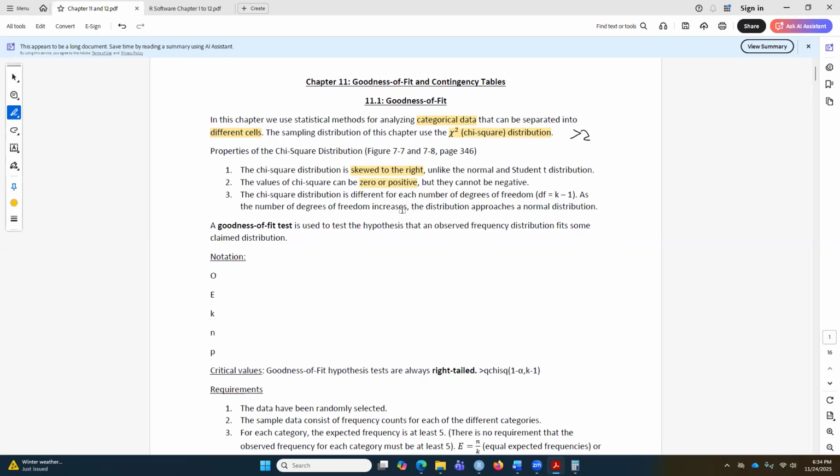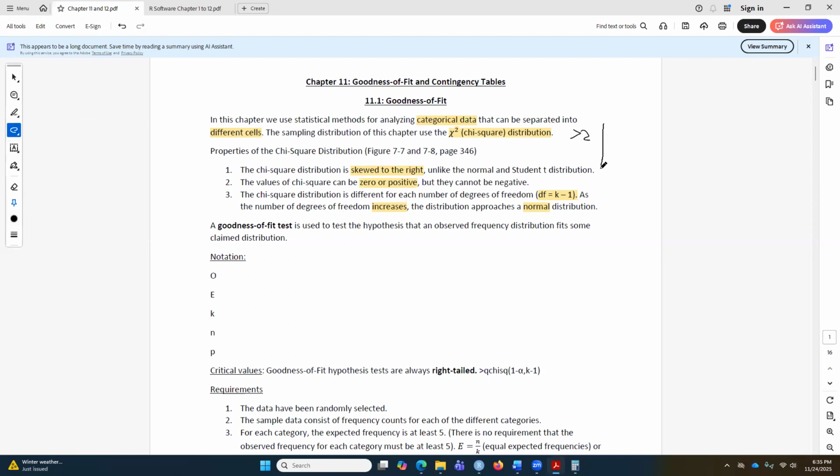It has a degree of freedom, which is k minus 1, where k is how many categories we have. As the degree of freedom increases, the chi-square distribution gets very close to the normal distribution. These are the properties of the chi-square distribution.